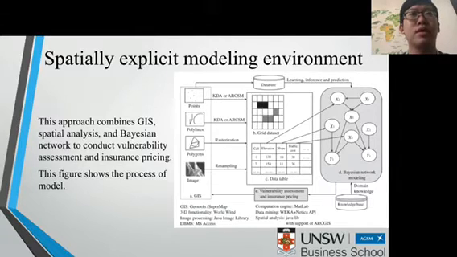This format has the advantage to collect data and integrate for further analysis, and the techniques of spatial analysis, such as kernel density analysis, called KDA, and accumulated road cost surface modeling, are used to do geospatial analysis. Then after Bayesian network assessment, we can model the vulnerability and insurance pricing.